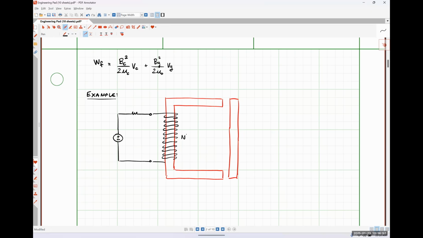Let's see, what else do I have? Here's my resistance R. Let's say that this is 5 ohms. Let's say that our core has a permeability of 5,000 mu naught. Our air gap length Lg is 5 millimeters. And I'm going to give you some dimensions on this guy right here. So let's say that this part is 10 centimeters from here to here.